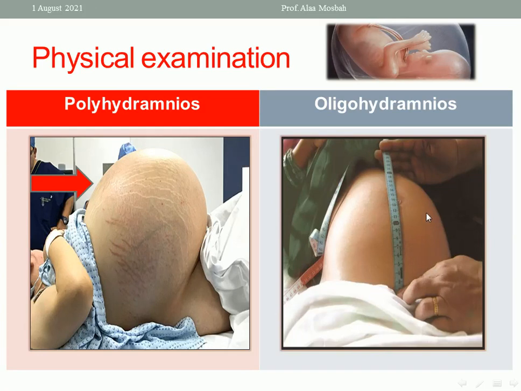On the other side, oligohydramnios, the abdomen is smaller than the gestational age, and the fetal parts can be felt easily. So the symphysis fundal height here would be smaller than the gestational age. On the other side, symphysis fundal height would be larger than the gestational age.